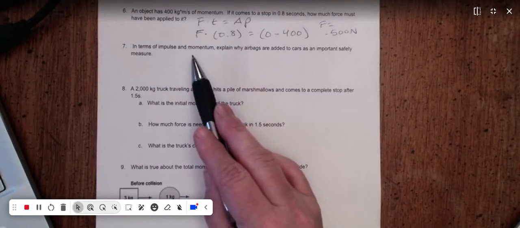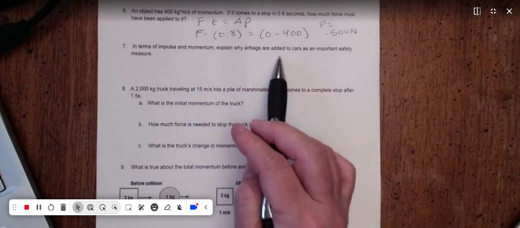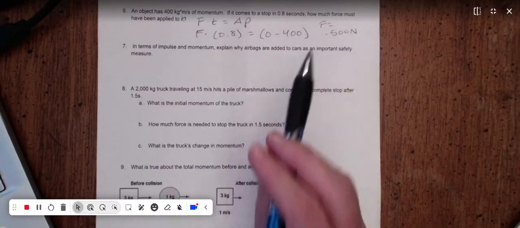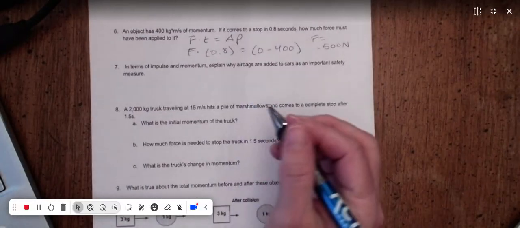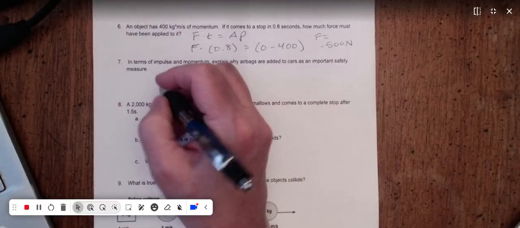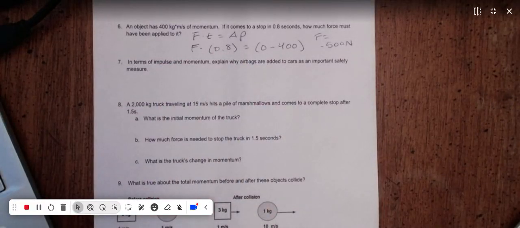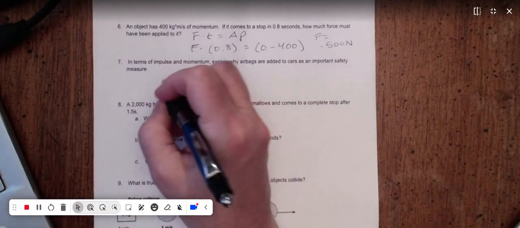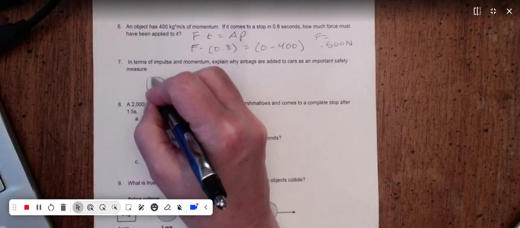In terms of impulse and momentum, explain why airbags are added to cars as an important safety measure. So this goes back to force and time. Okay, so let's say we've got our steering wheel.